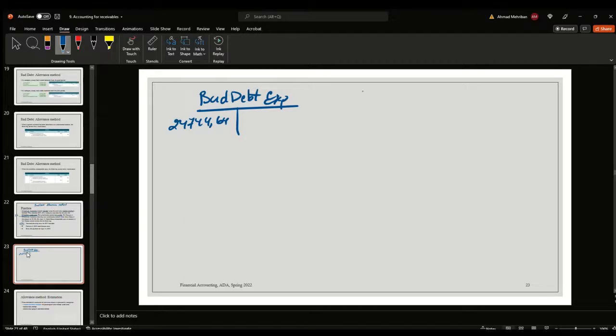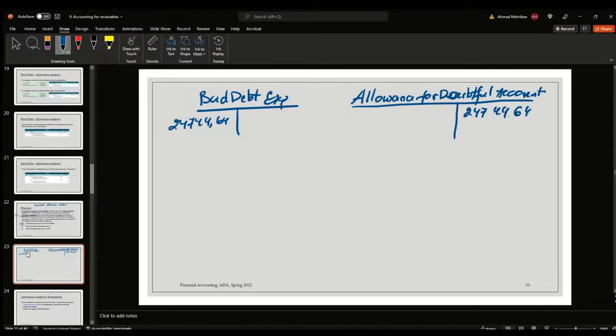And the second entry will be an allowance for doubtful accounts, and that one will be credited 24,744.64.